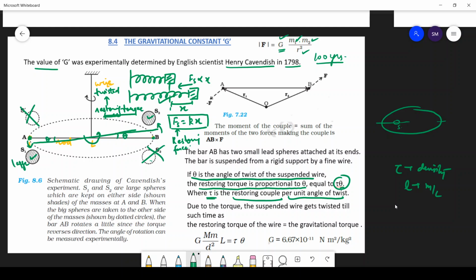If the length is x, what will be its mass? It is multiplied with this mass per unit length, so you get the total mass in this length x. So the total mass in the length x is length into its mass per unit length, and you get the units of gram here.